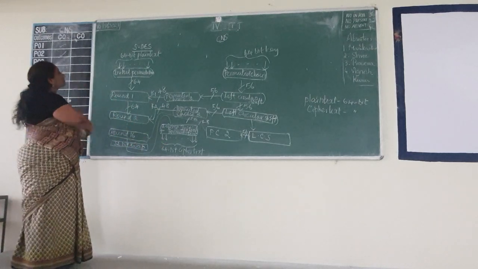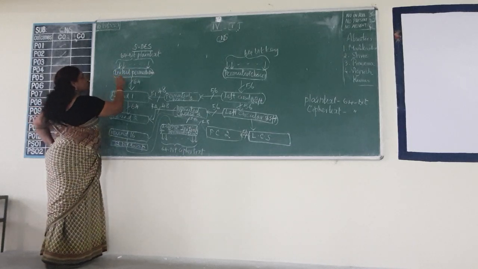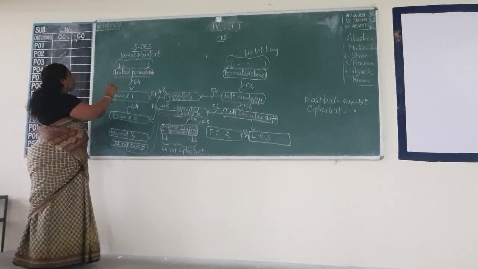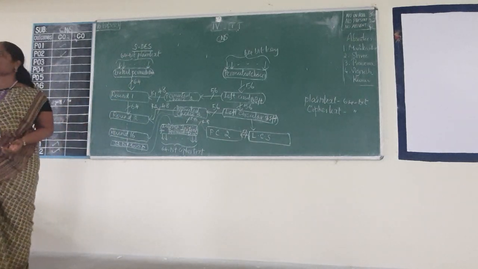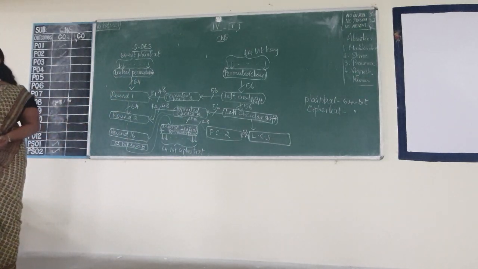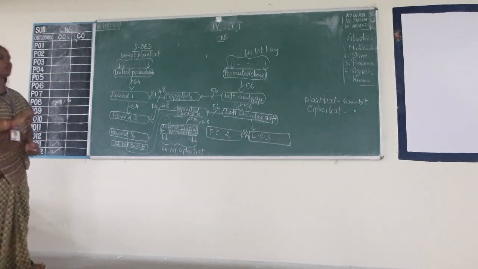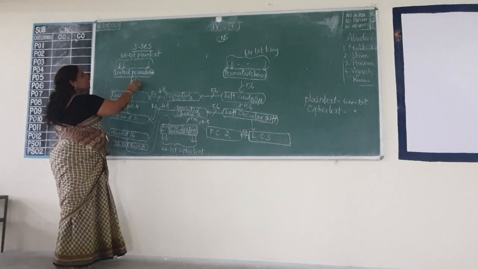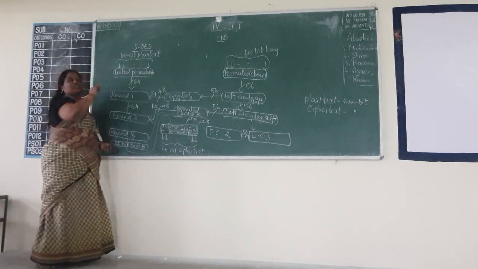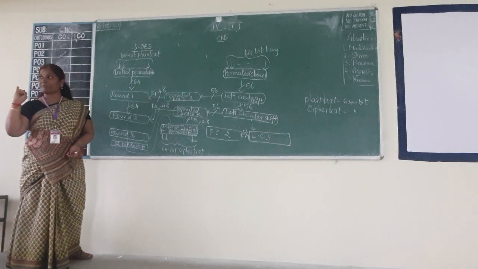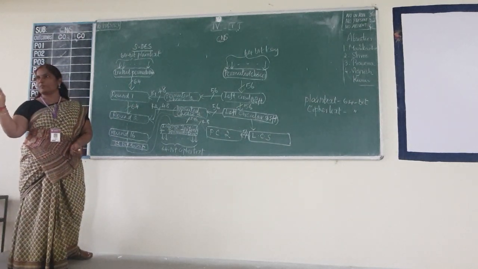So on the 64-bit plain text, initially we perform an initial permutation. We will see later what kind of permutation we are going to perform, but right now you only need to know we are performing initial permutation on the 64-bit plain text. That is the first step. Step 1 is IP, initial permutation.